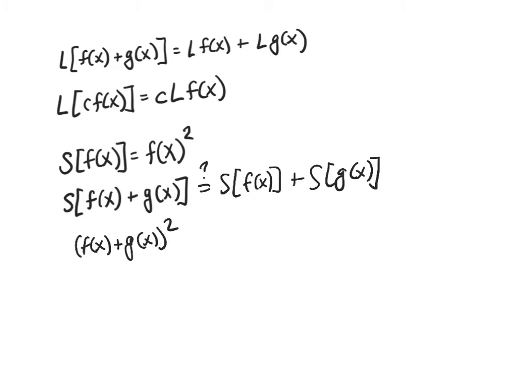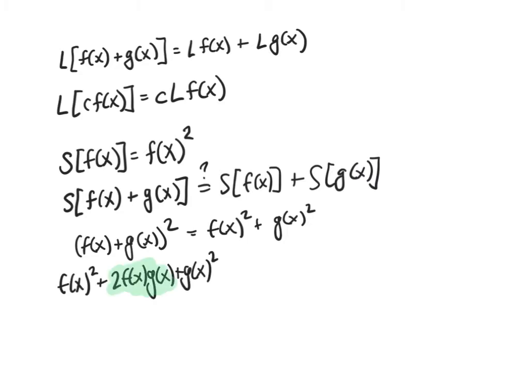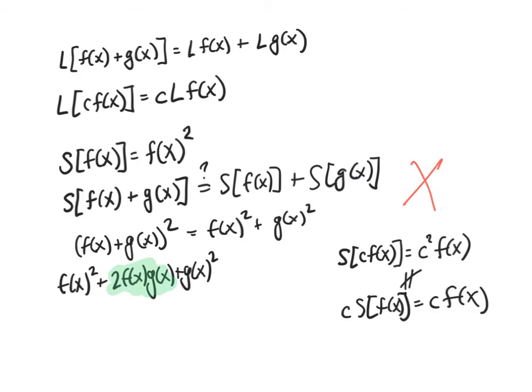And the right-hand side simply gives us f of x squared plus g of x squared. And we're going to end up with this pesky cross term on the left-hand side, and so these two sides are not equivalent, and so this last example fails the first condition needed to be a linear operator. And in fact, it also fails the second condition.